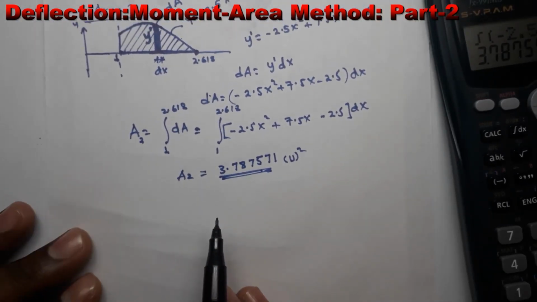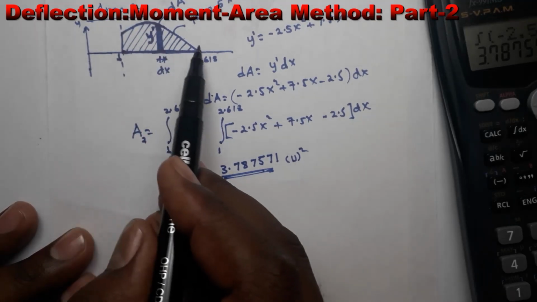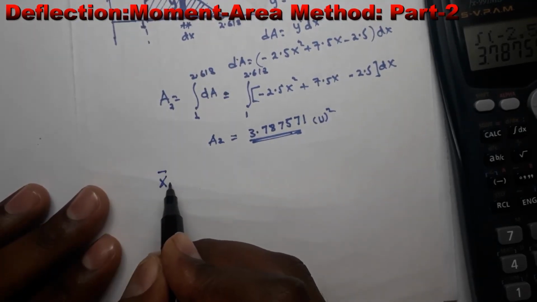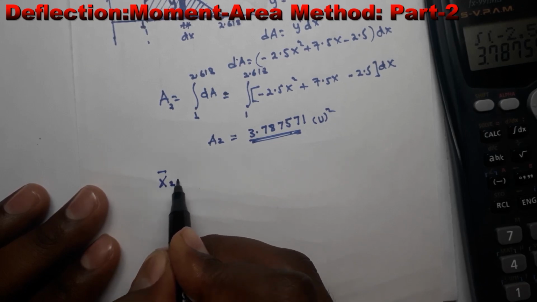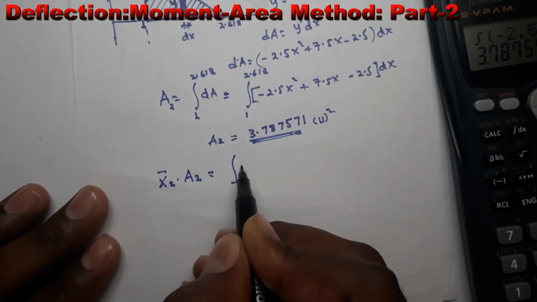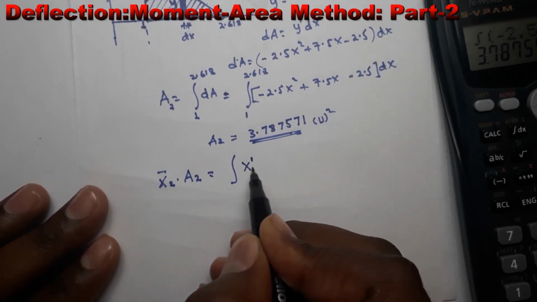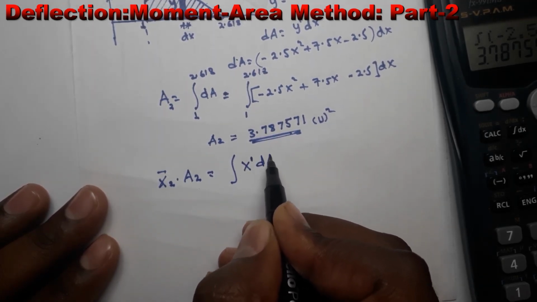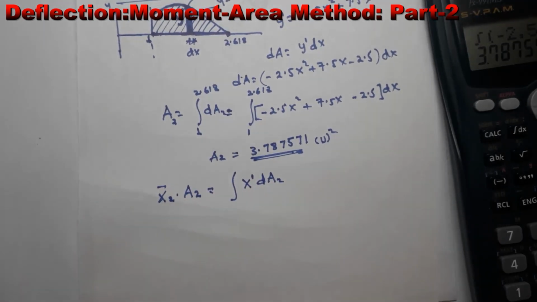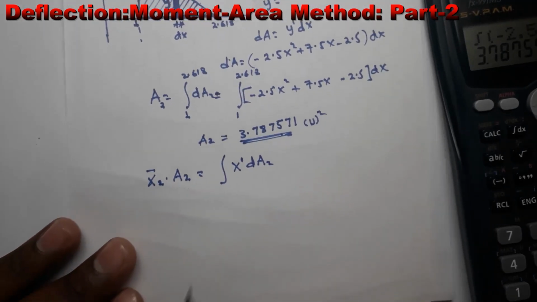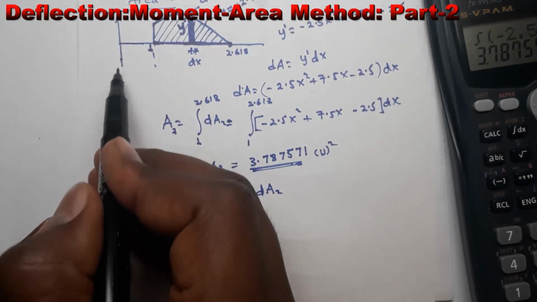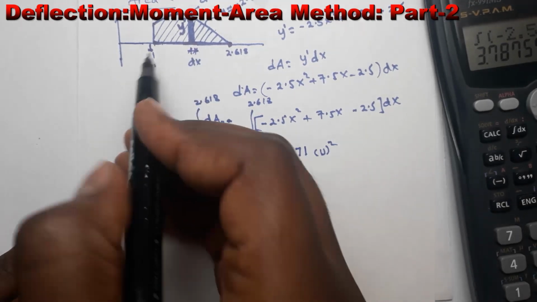Now let me determine the centroid of this area. You know that x bar 2 times area 2 must be equal to the integral of x prime dA 2. Now x prime is the distance always measured from the y axis up to this place.